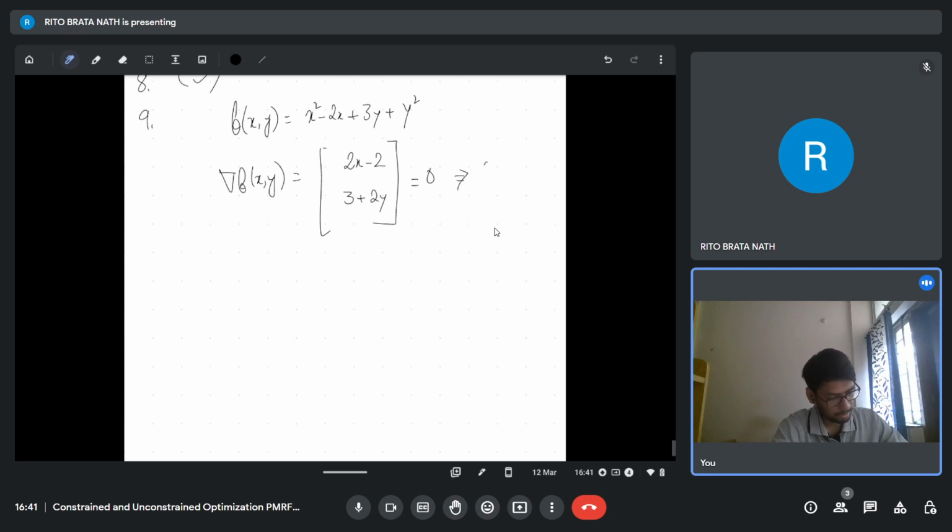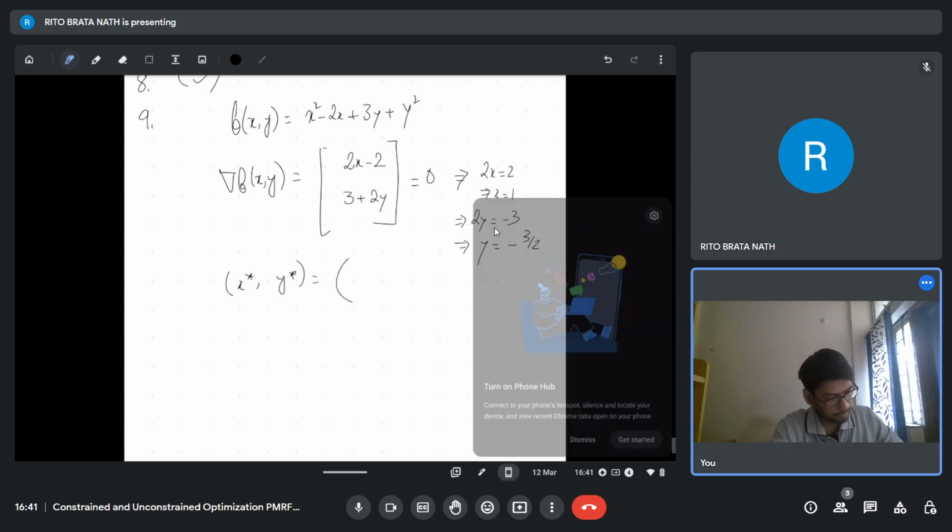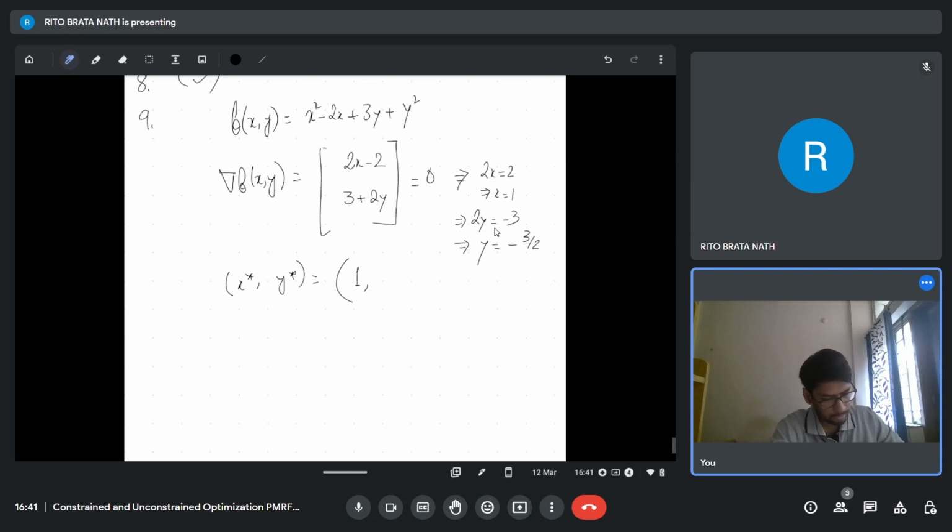You'll get x equals 1 and 2y equals minus 3, so y equals minus 3 by 2. So the stationary point is x star, y star equals 1 comma minus 3 by 2. Okay, that's fine.